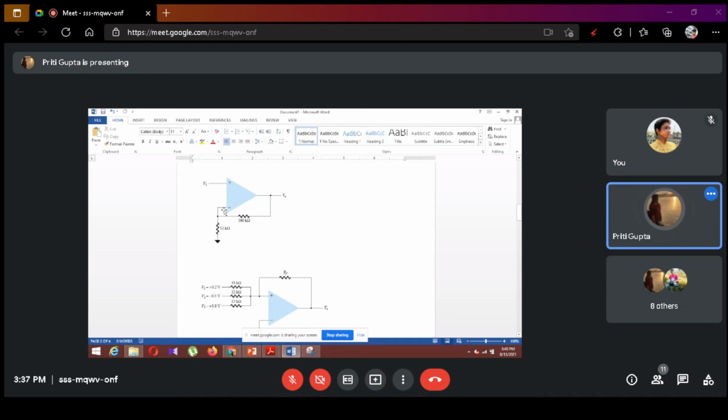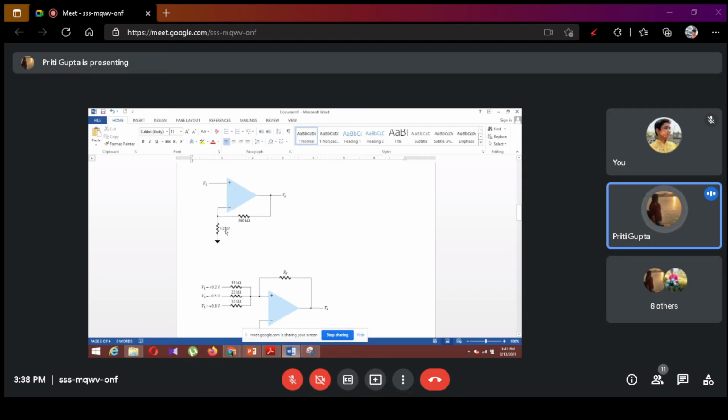I will give you two problems, and at first write down what output voltage results in this circuit for an input of V1 is equal to minus of 0.3 volt.